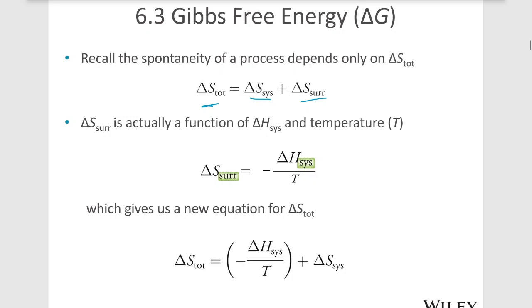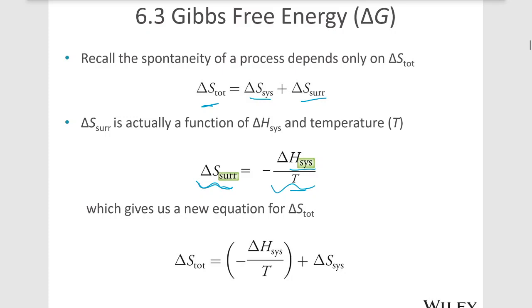So what we can do is actually put the delta S for the surroundings in terms of the system. We don't go through that derivation in this class, but if you're interested, you can look into that further from some other resources. But we can define delta S for the surroundings as negative delta H for the system, so enthalpy, divided by temperature.